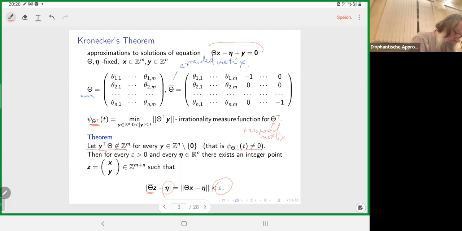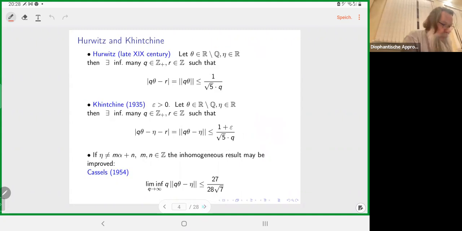I will try to explain, but one moment. So now I am coming back to the one-dimensional setting. And what do we see here with respect to the quantitative version of the density result? First of all, for the homogeneous setting, we have the wonderful Hurwitz theorem, which can be extended to the inhomogeneous setting.